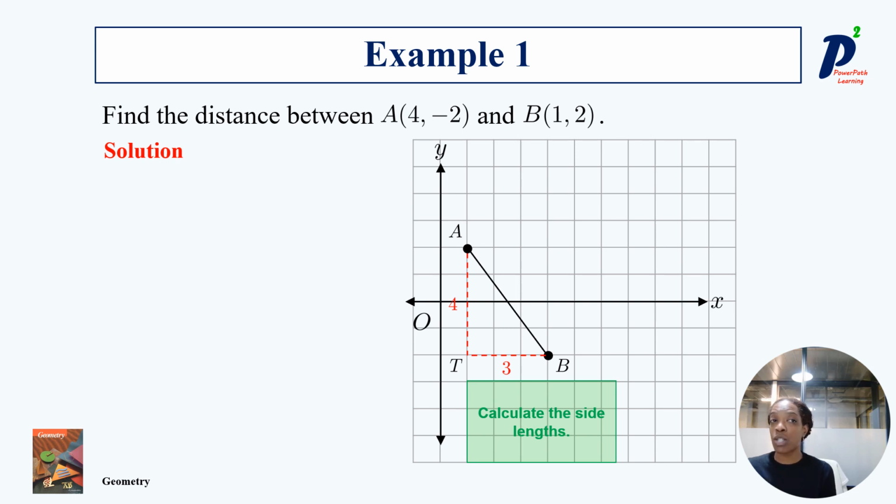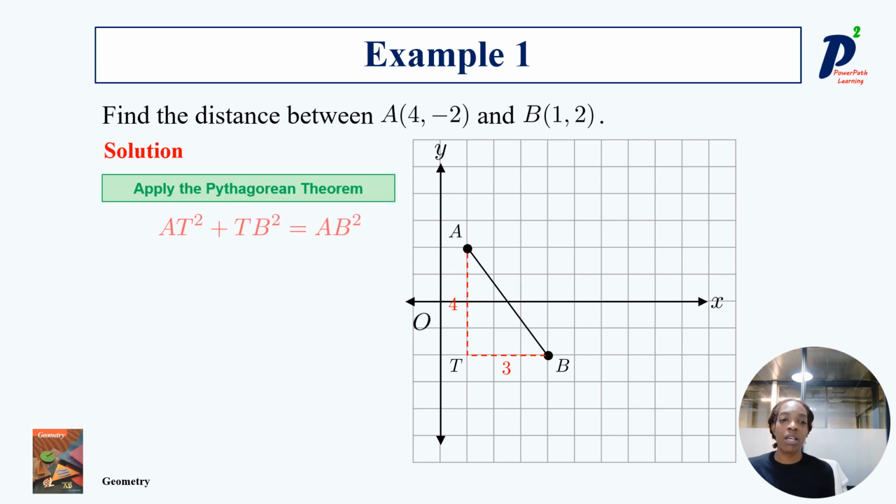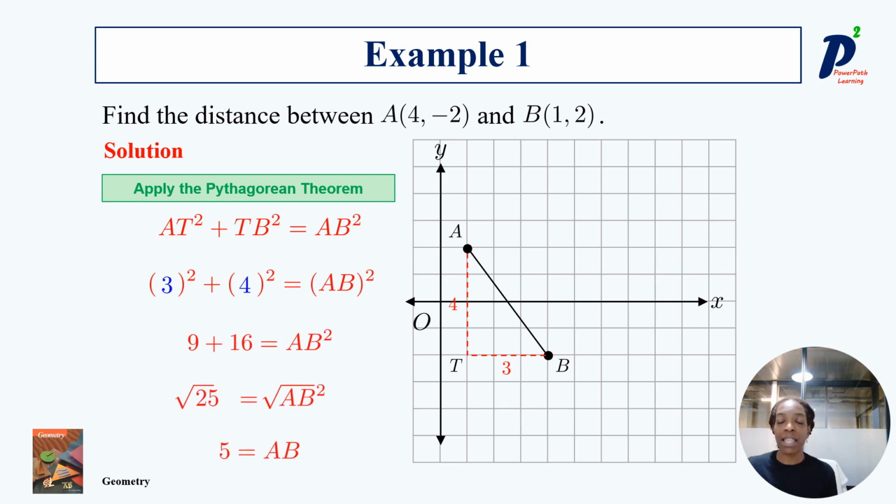And now we're ready to use, that's right, the Pythagorean theorem. So let's go ahead and plug everything in. AT squared plus TB squared equals AB squared. I'm going to plug in AT equals 3 and TB equals 4. I'm going to simplify, take the square root, and I get that AB is equal to 5.